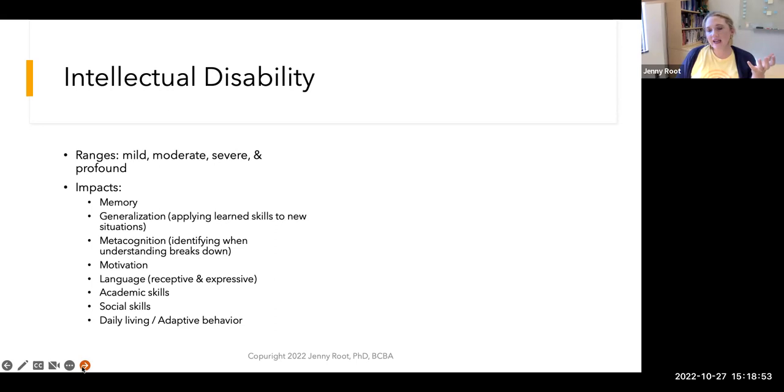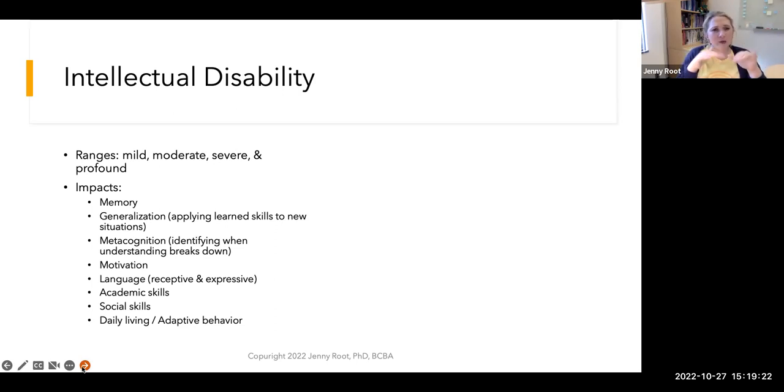Whereas a specific learning disability is generally going to just impact those areas that I mentioned before, and it may have an uneven profile. So if you have an individual with a math learning disability, for example dyscalculia, they may have difficulty with recalling math facts and seeing patterns and things like that, but they could have average reading ability.